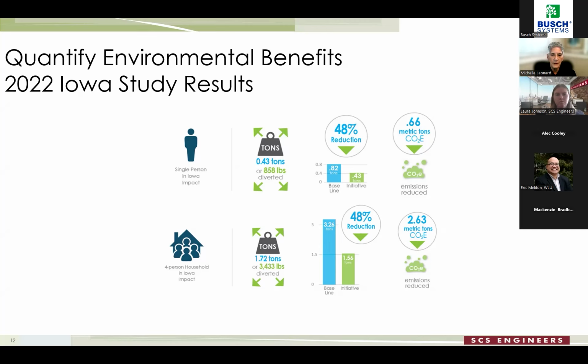If the materials that were identified as potentially recyclable or compostable were captured from the disposed waste stream, it would result in a 48% reduction in disposal, which then could be translated into CO2 emissions reduced as well. When you expand that out to, say, a 4-person household, you can see what the potential is, again, if those materials were captured, for reducing tonnage and the CO2 emissions as well.